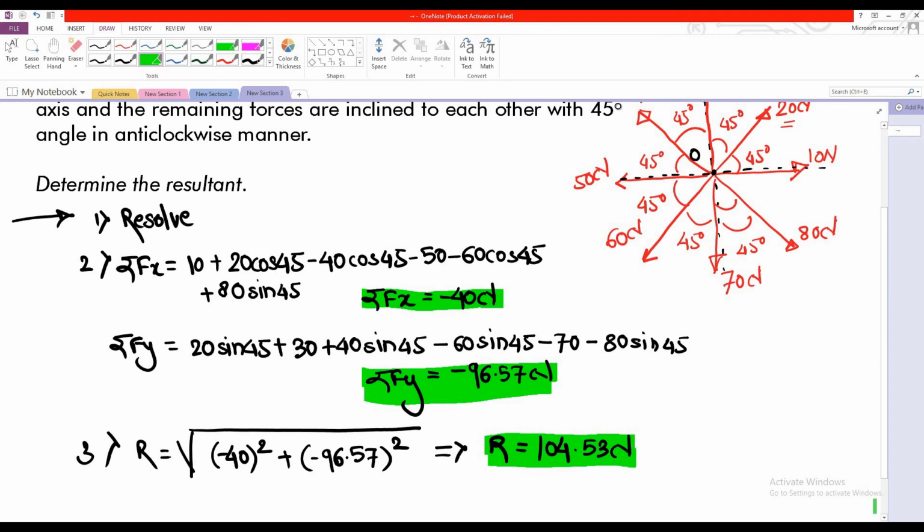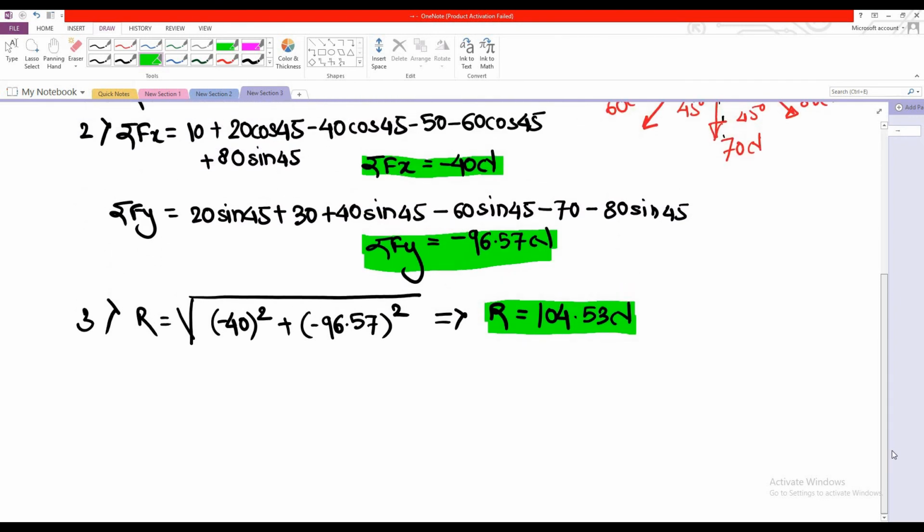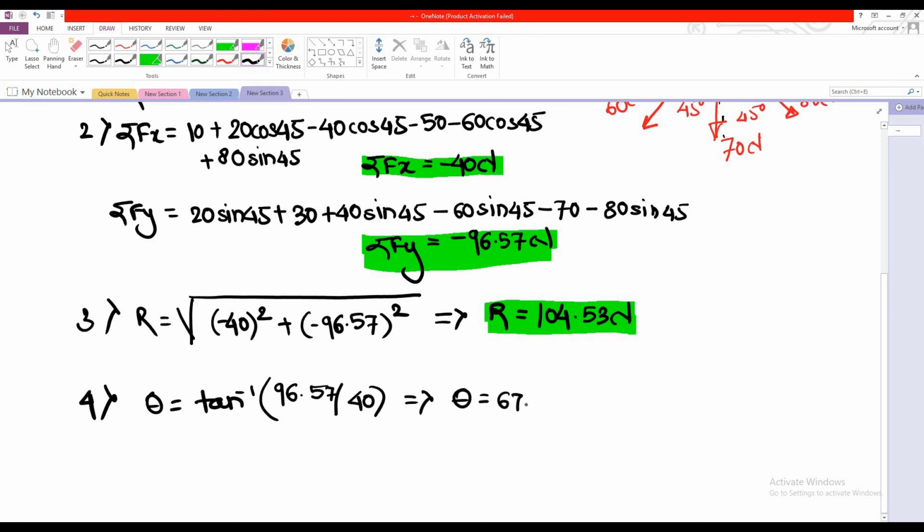Okay, the next thing is the angle that the resultant is going to make with x-axis. So point number 4, theta is equal to tan inverse of summation fy by fx. Here again I am repeating this in every problem, that don't worry about the sign convention, just put the values, that is magnitude here, 96.57 divided by 40, and the value of theta that we obtain is 67.50 degree.